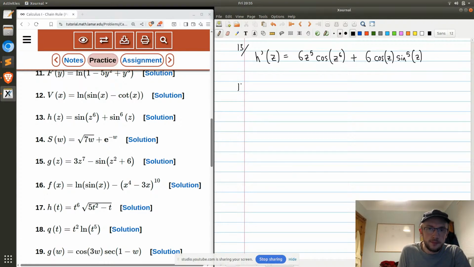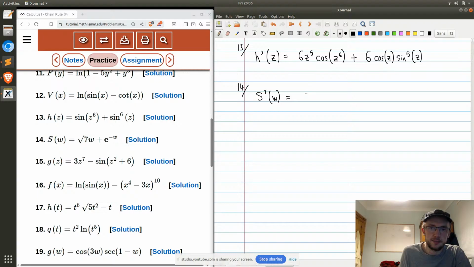14. S of w is the square root of 7w plus e to the negative w. So S prime of w, let's see, we're the square root of 7w, so how do you handle that? Well, that's 7w all to the 1/2. So it's a half of 7w to the negative half, and then we have to times that by 7.